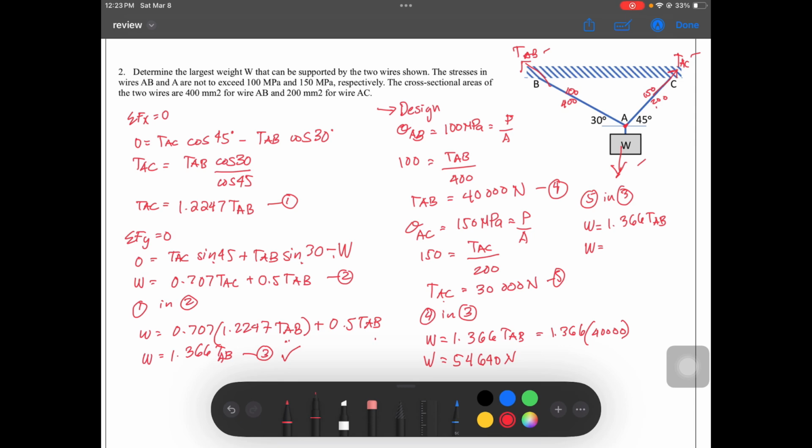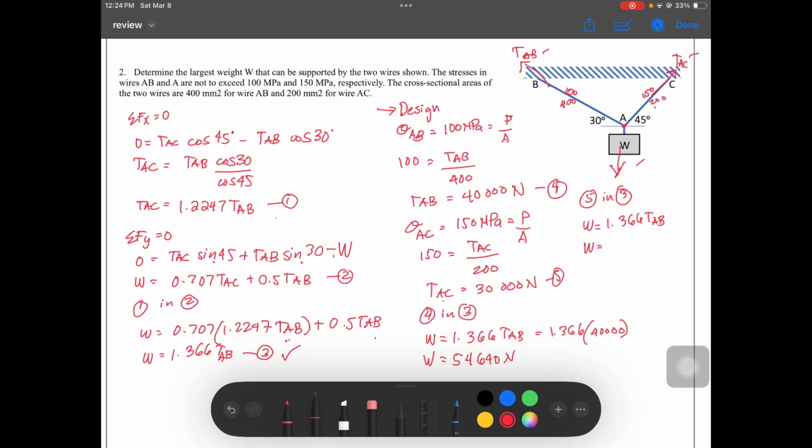So, gamitin naman natin si TAC naman sa equation 3. But, equation 3 is in terms of TAB. So, kunin natin yung equation na na-express ang W into TAC. Using equation 1. Nandito yung relationship ng TAC at TAB.